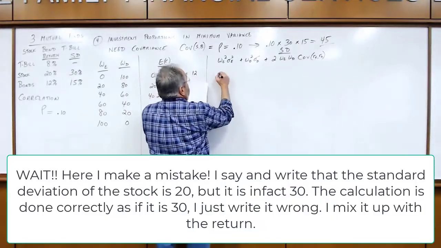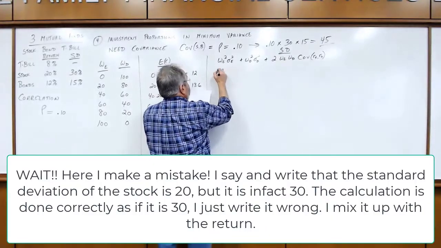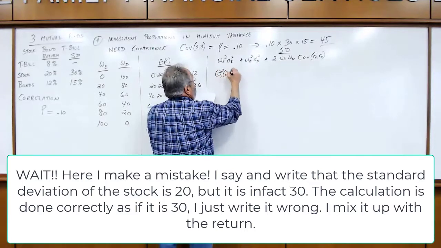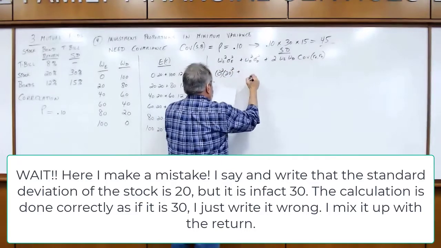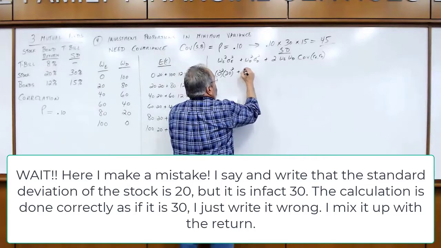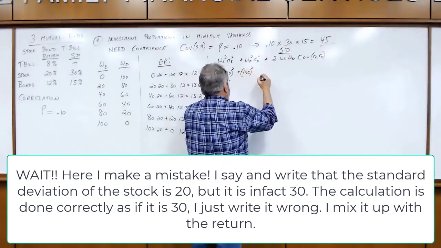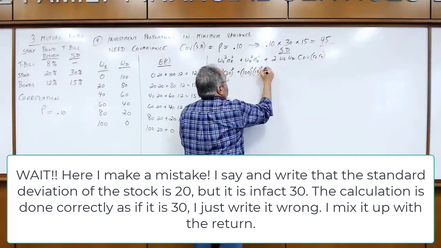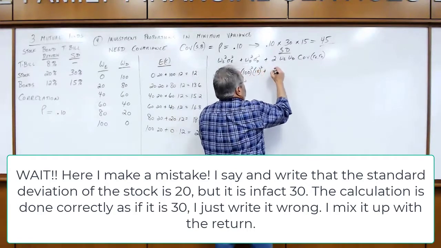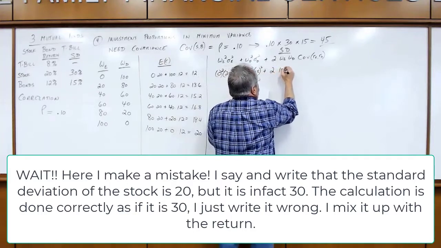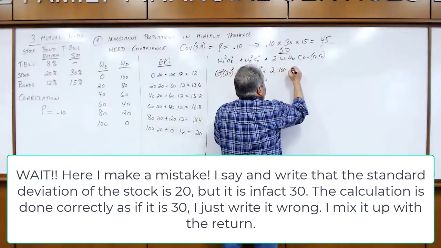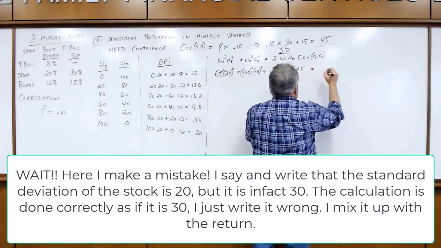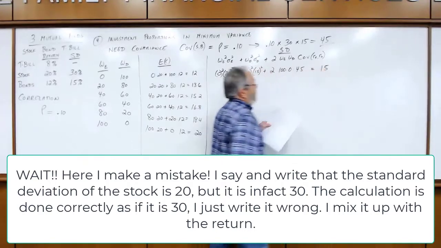For here, 0 squared, 20 squared, 100 squared, 15 squared, 2 times 100 times 0 times 45.